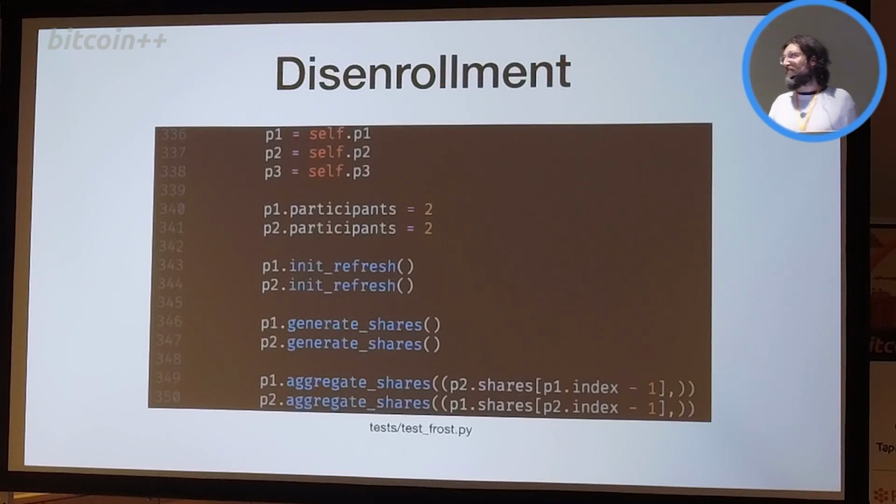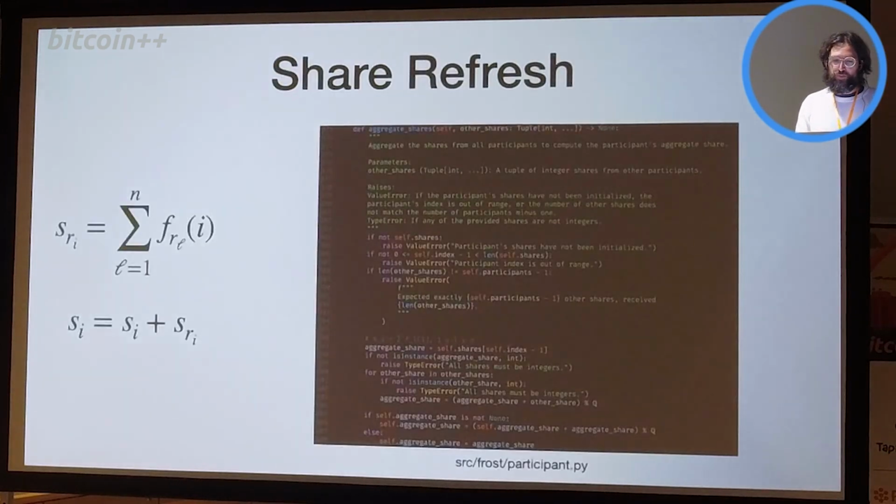Now, a few caveats to this is if Alice and Bob's old shares leak, well, Carol could use one of the old shares with her share to sign or reconstruct the secret. So Alice and Bob have to make sure that they're overriding the old share and it's not leaking out.